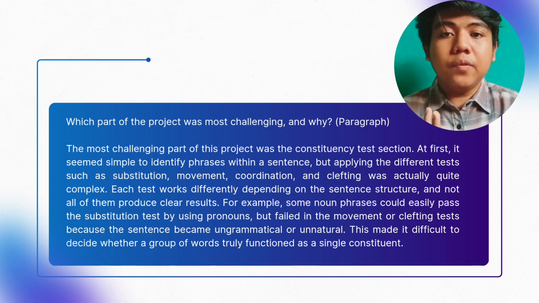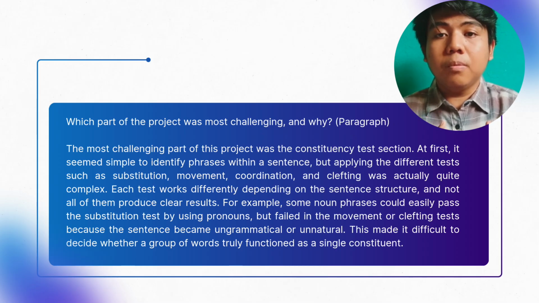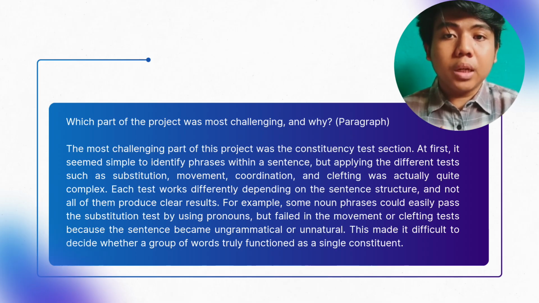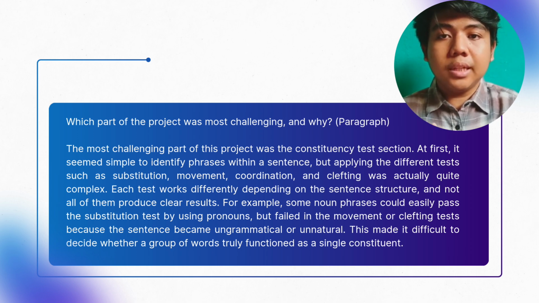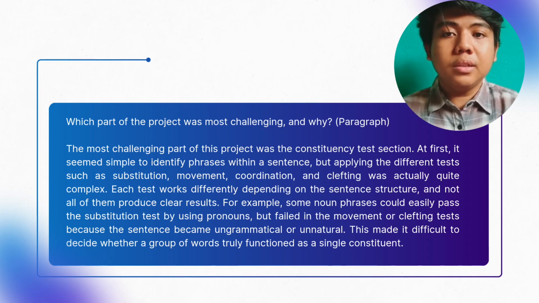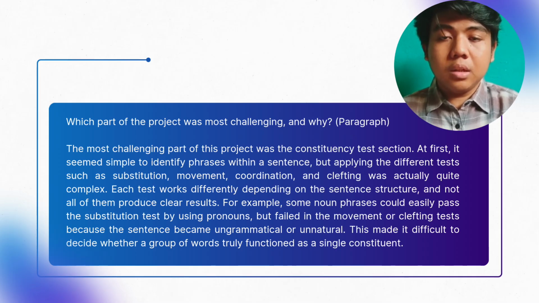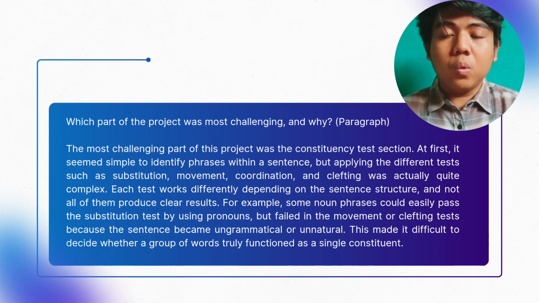Each test works differently depending on the sentence structure, and not all of them produce clear results. For example, some noun phrases could easily pass the substitution test by using pronouns, but failed in the movement or clipping test because the sentence became ungrammatical or unnatural. This made it difficult to decide whether a group of words truly functioned as a single constituent.